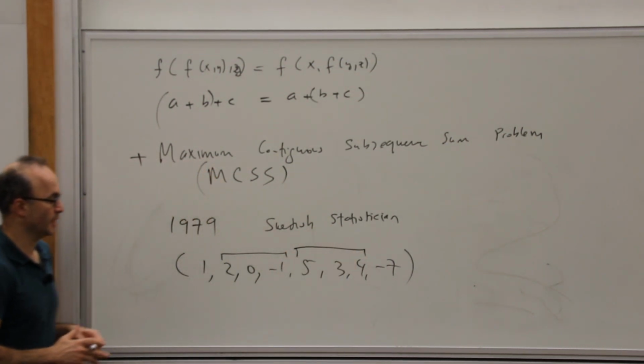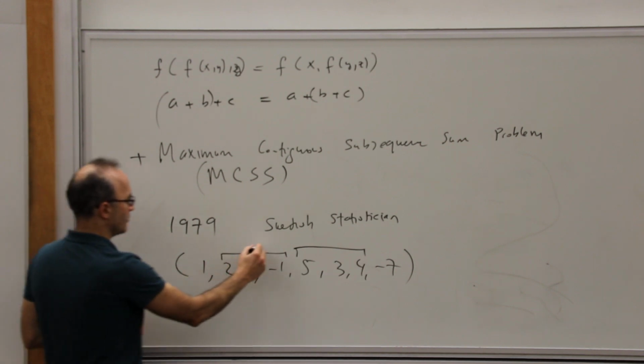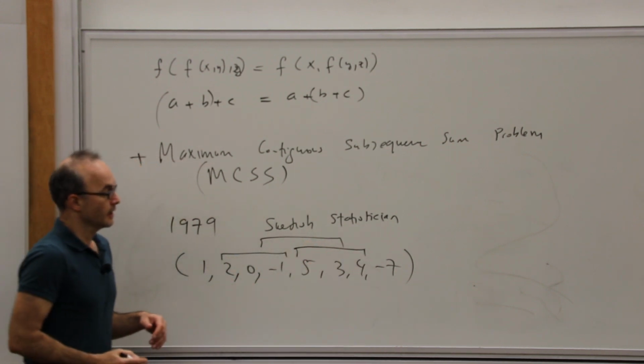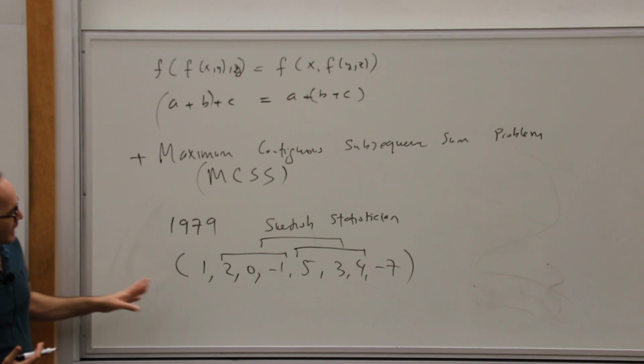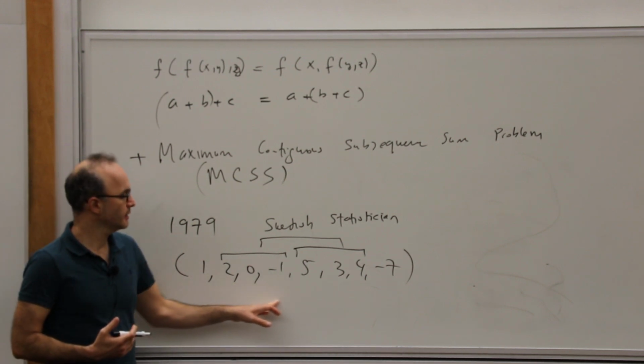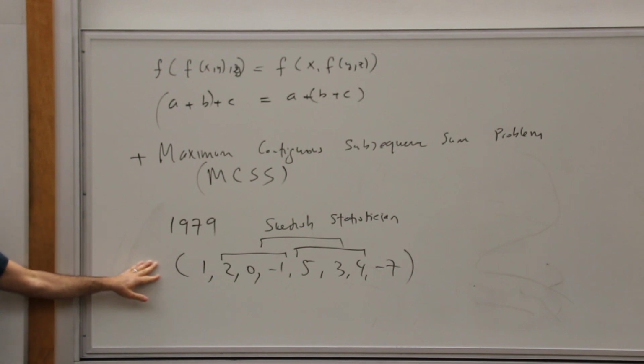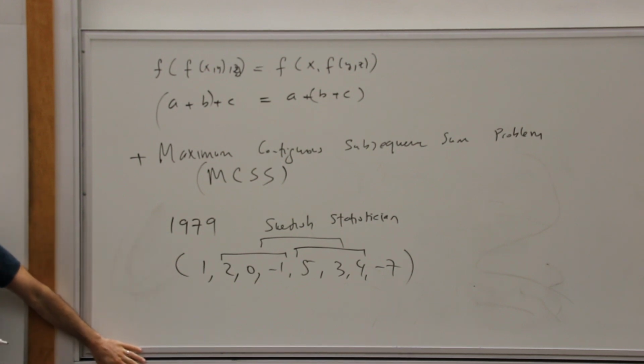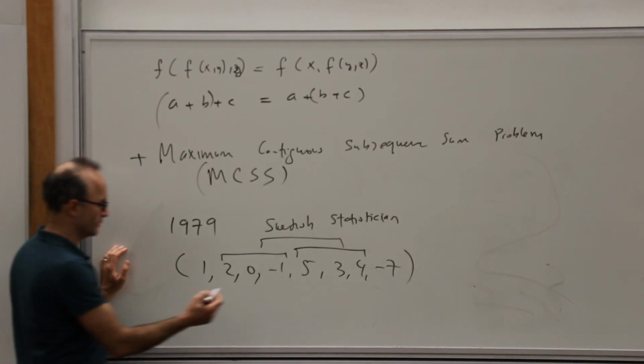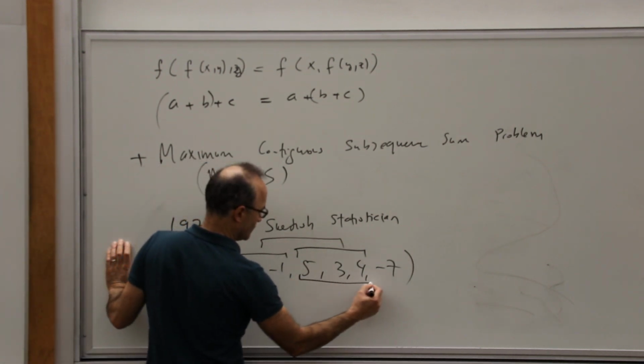That one would be another contiguous subsequence, so would that one be. And you want to find the one that has maximum sum. For example, for this sequence, what's the MCSS? 534, right? Good.